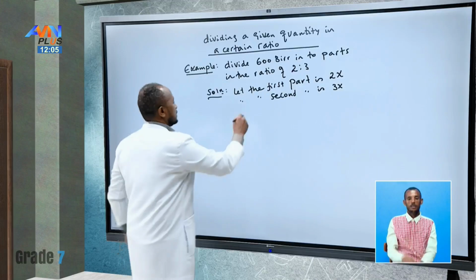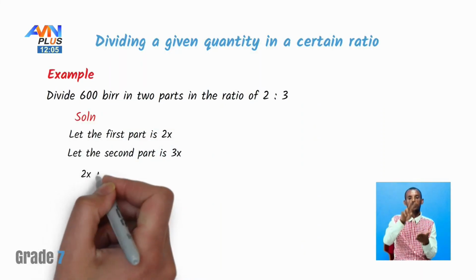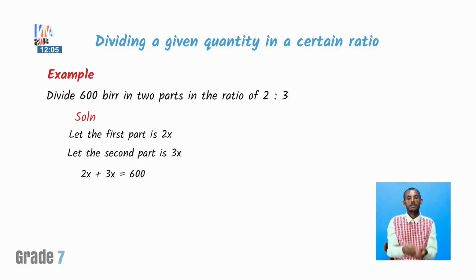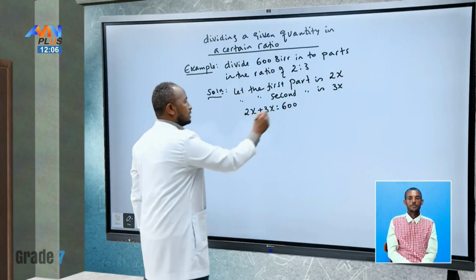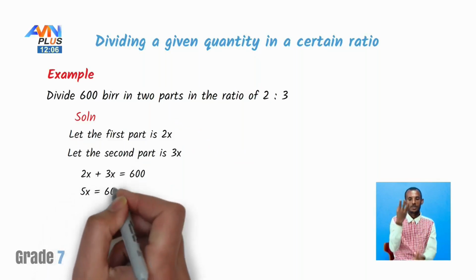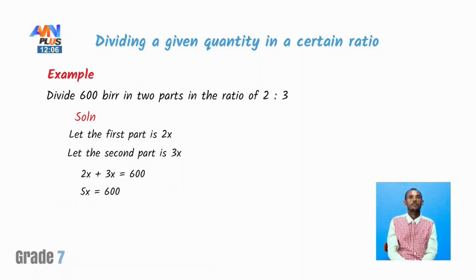Therefore, 2x plus 3x gives you 600. And when you add these two, you have 5x equal to 600. Divide both by 5.